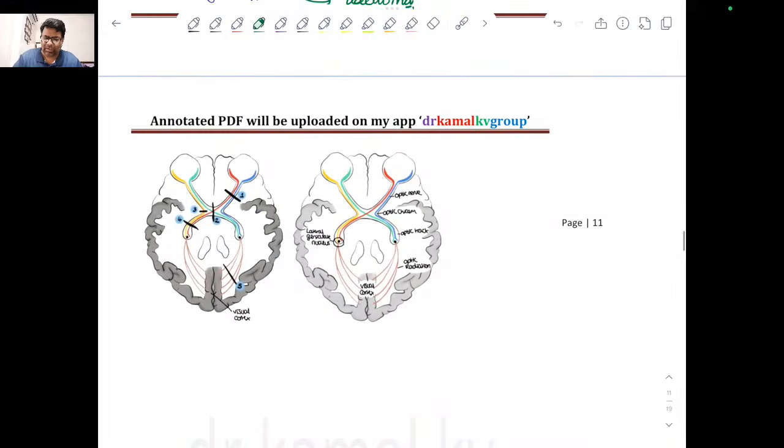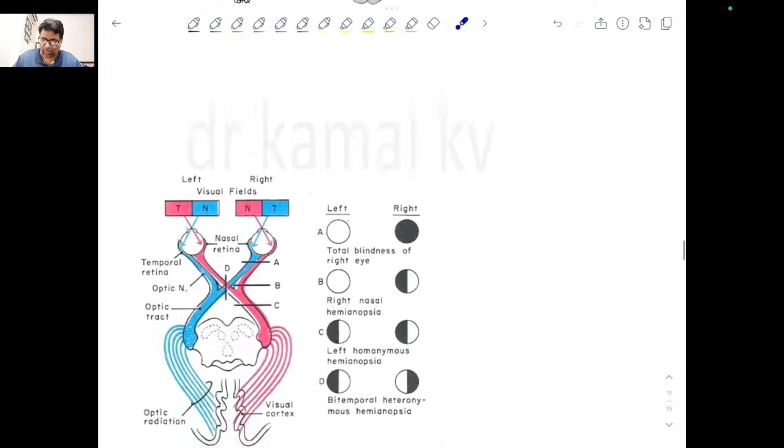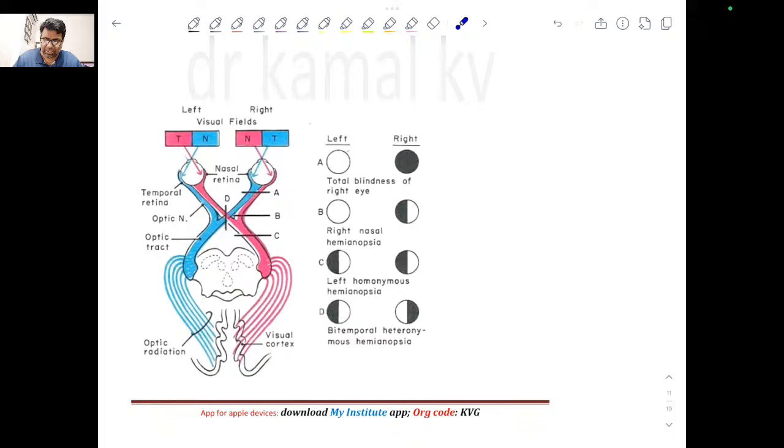And for your reference, I have kept this image. So here we can see the label number 2 is optic chiasma. So I am skipping the other discussion for the time being, because that will take a lot of time. So this is what we have discussed till now. This is the nasal field of vision here. This is the temporal field of vision. I'm just taking the left eye only, right?